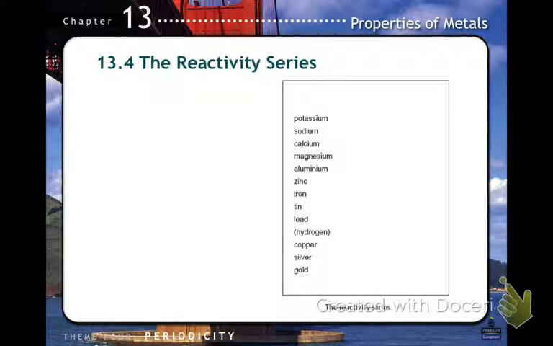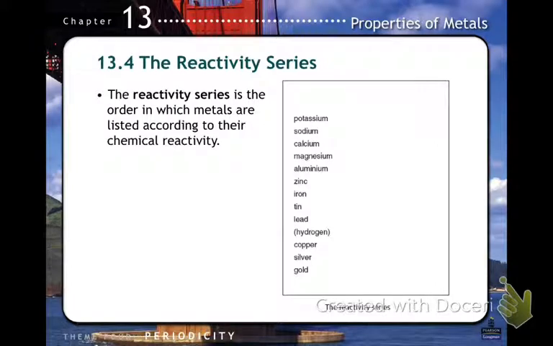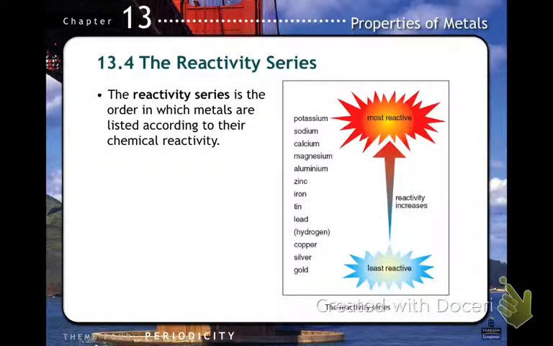From all those three reactions, we form what is called the reactivity series. The reactivity series is basically the order in which metals are listed according to their chemical reactivity. If you look here, there are about 16 metals altogether, and the least reactive, obviously, are gold, silver, and copper.